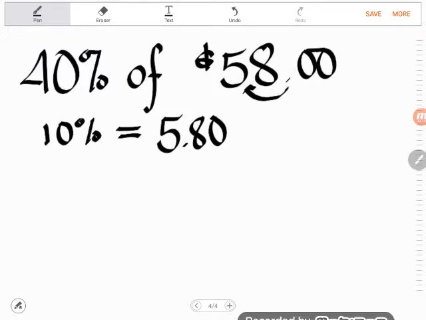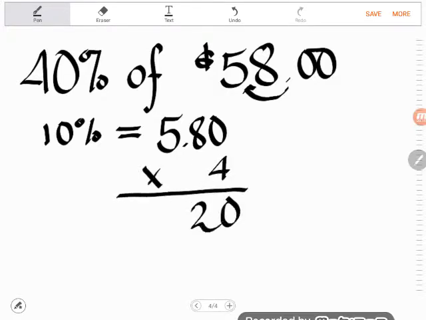Let's think about it. 10, 20, 30, 40. That's 4 tens. So I'm going to need 4 10%s. And isn't it neat? We can just play with numbers like this, y'all. Deconstruct them, recompose them. And I find out that if I'm taking 40% of 58, I'm saving $23.20 here. That's some big savings. Oh, girls, I'm going to buy those shoes.